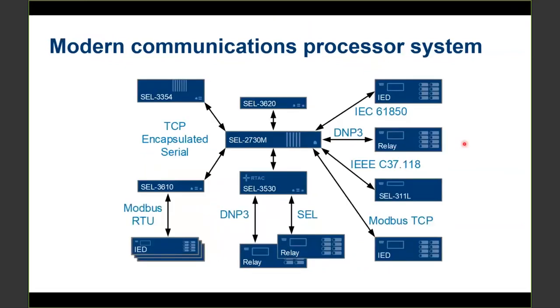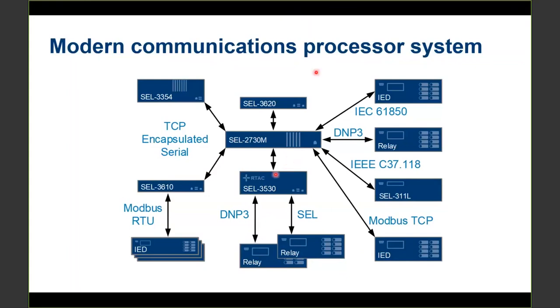And for modern communications topologies, we can use the AirTag device. The AirTag device is the new generation of automation controllers from SEL. This AirTag device can combine serial connections and Ethernet connections on the same topology.